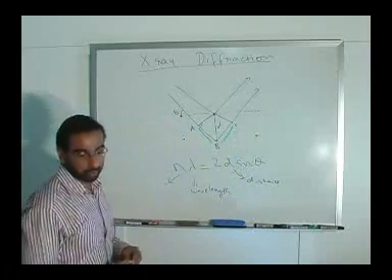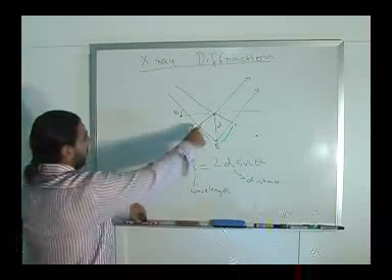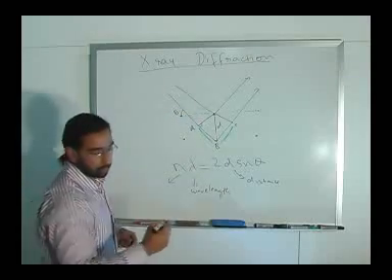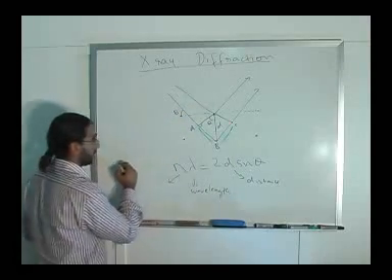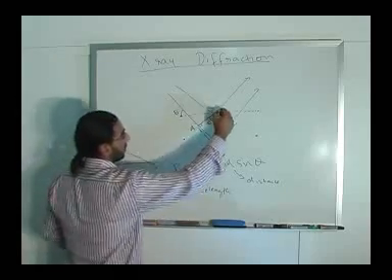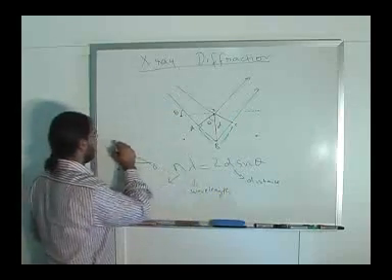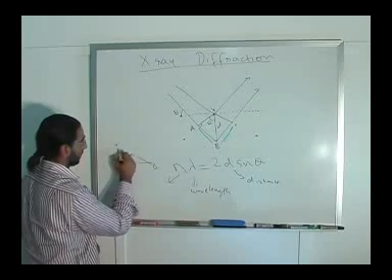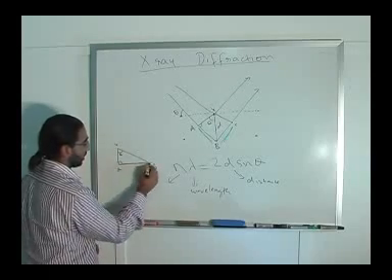What we can do is use a simple trick: I'm just going to take that diagram and draw it separately. So we're going to get a diagram that looks like this: A, B, and let's call this point X over here. At X, we have the 90 degrees and theta.